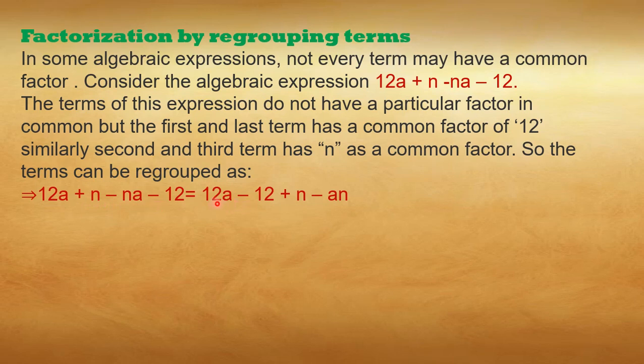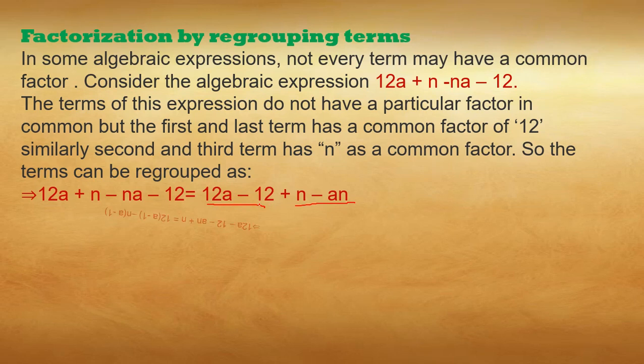Now from the first and second terms, 12 is common, and from the third and fourth terms, n is common. We only arrange the terms so that some number or some variable is common.